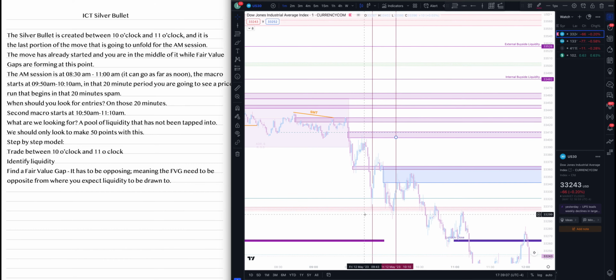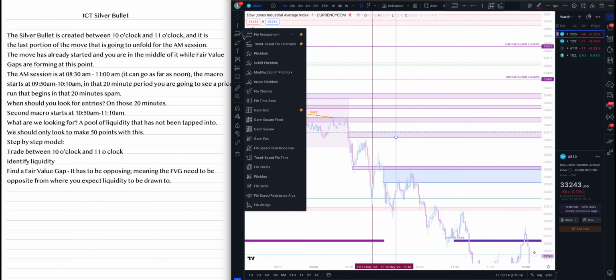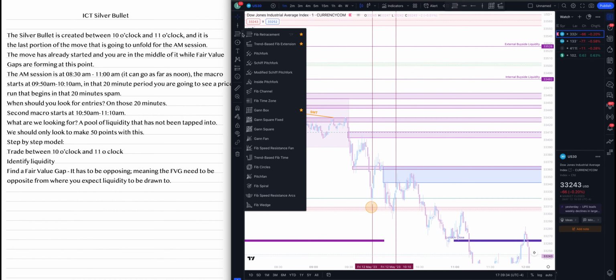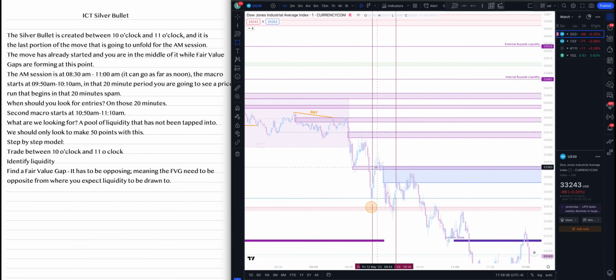We saw there was a drawn liquidity right here. And find a fair value gap. We could have used this one.